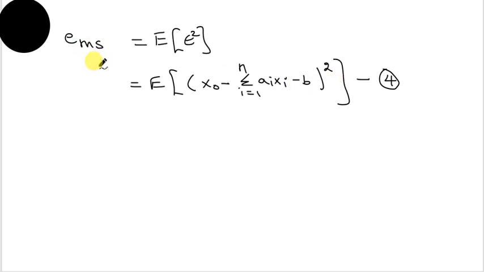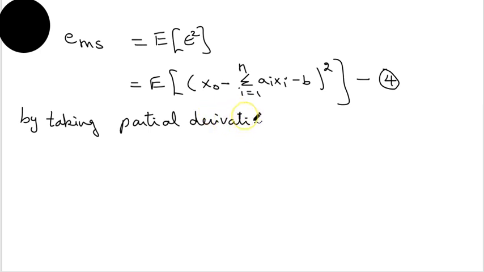Now what is it that we normally do? We take partial derivatives with respect to the ai's and b and then equate them to 0. So the same thing we do here, by taking partial derivatives with respect to ai and b and equating to 0.